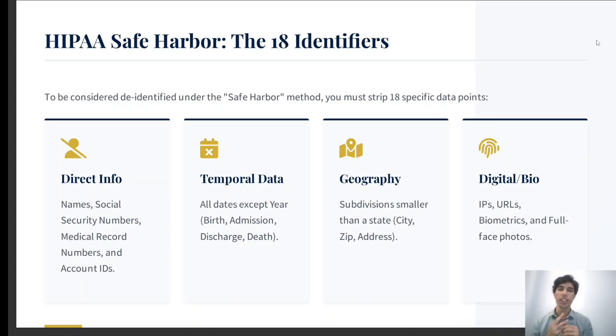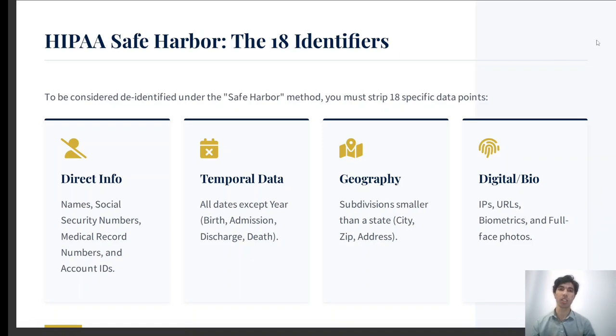Okay, so to de-identify our data and to make sure that the data is not traced back to the individuals from whom the data is taken, HIPAA defined 18 specific data points that we need to strip from our data under a method called Safe Harbor. So these identifiers include direct information like name, social security numbers, etc. And then temporal data like specific dates.